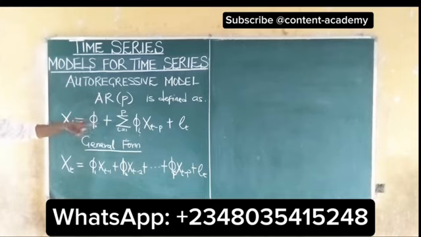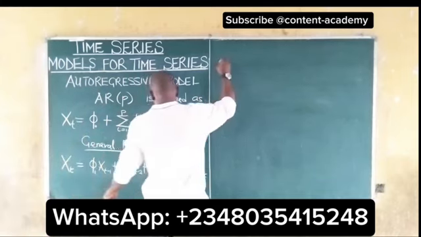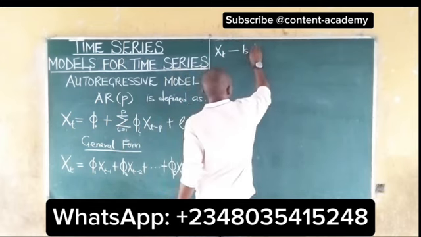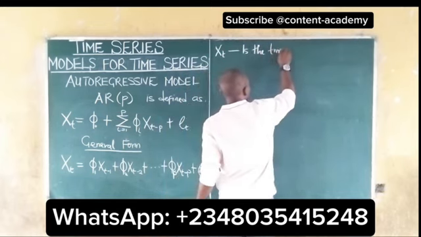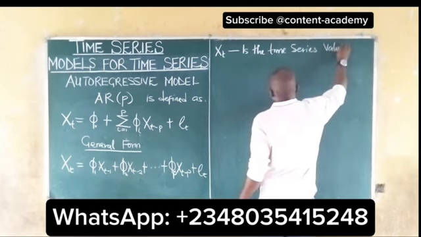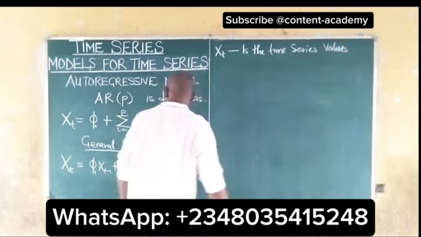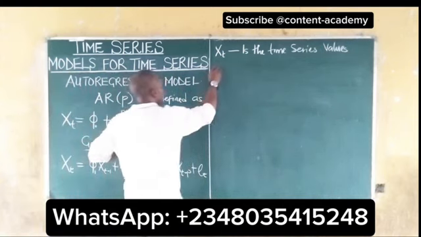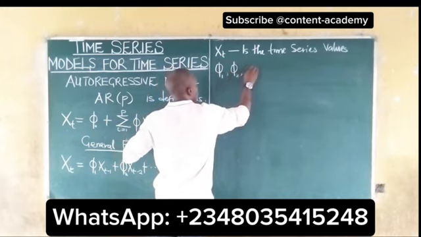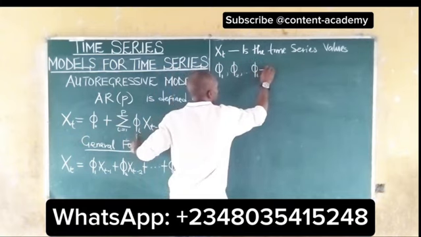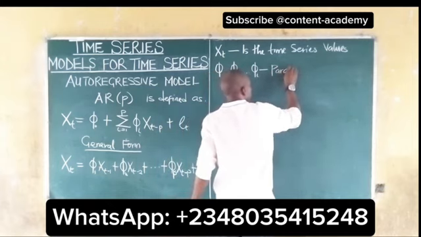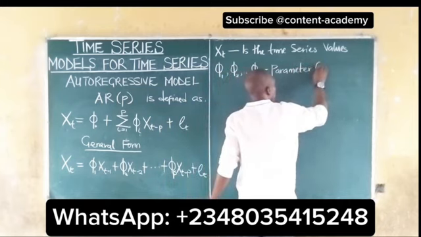Now, what are these parameters that are here? The x_t is the time series value. This phi we see here, that is phi_1, phi_2 to phi_p, we call them the parameter coefficients.